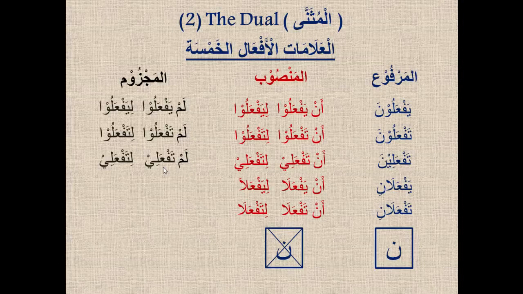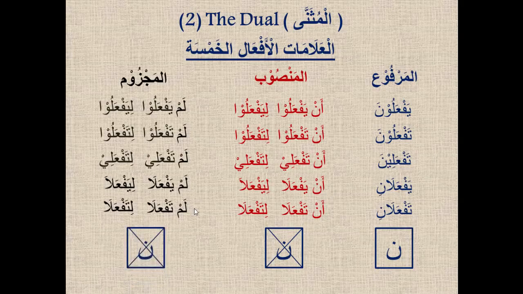Lam taf'ali, li taf'ali. So this is lam or lam al-amr. Same case happens to our dual verbs. Lam yaf'ala, li yaf'ala, or lam taf'ala, li taf'ala, dropping the noon. So hopefully this slide clarifies the case ending markers for al-af'al al-khamsa. Again, to review, in the marfu' we have the presence of the noon, that is the marker. But in the mansub and the majzum, we have to drop the noon.